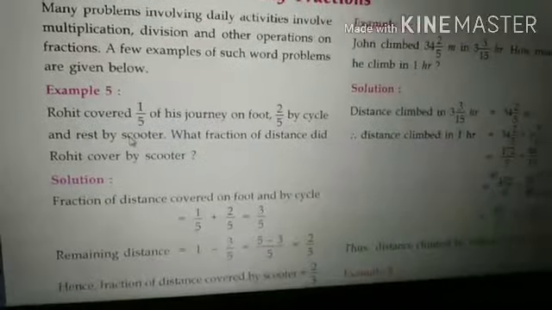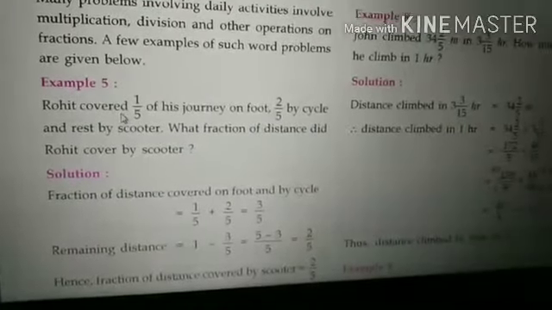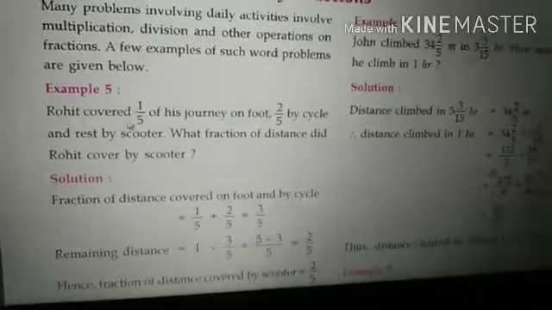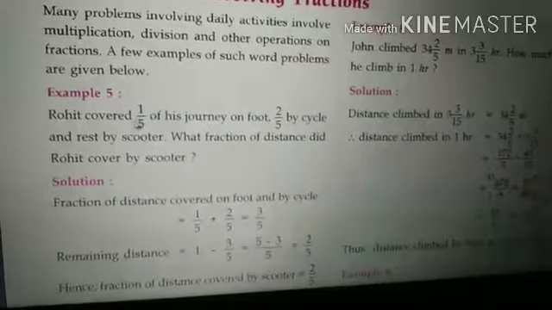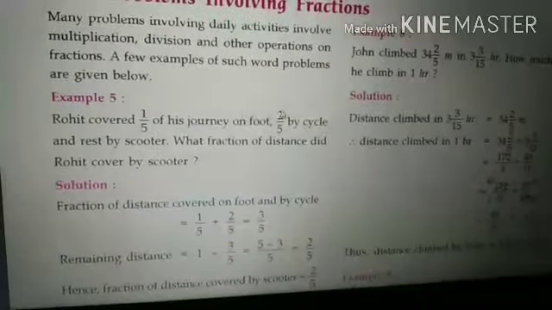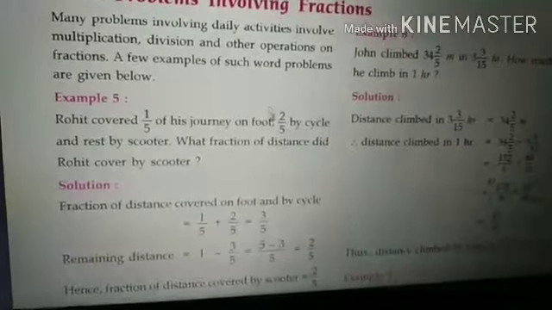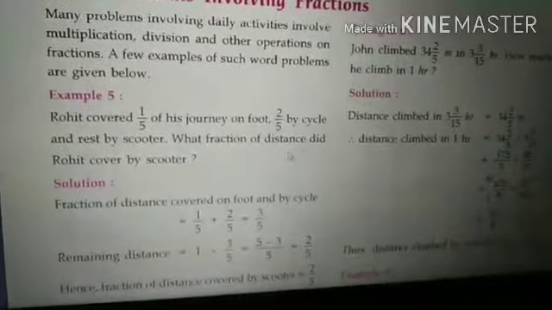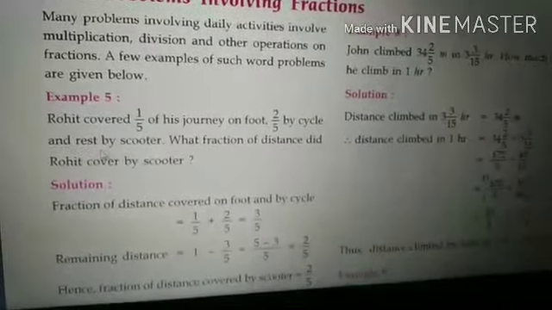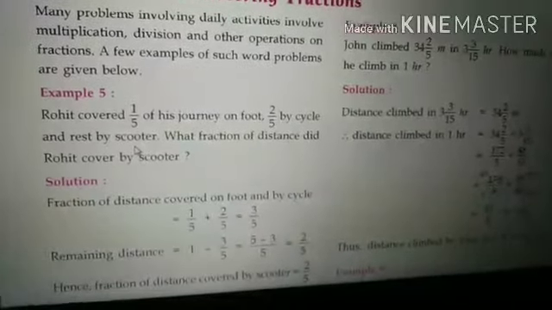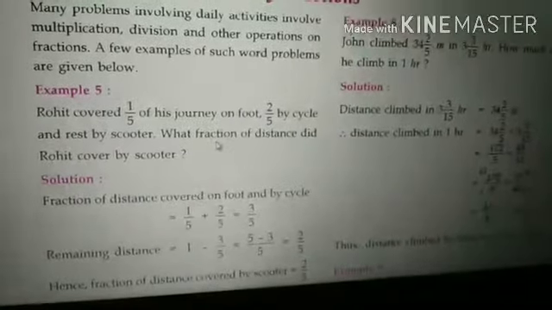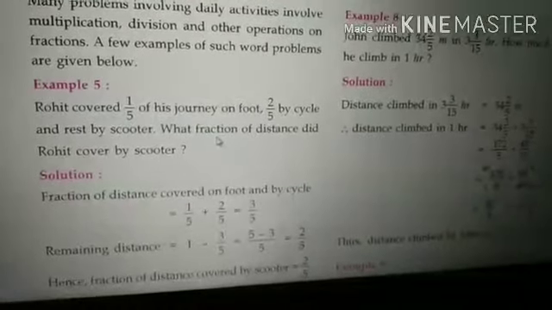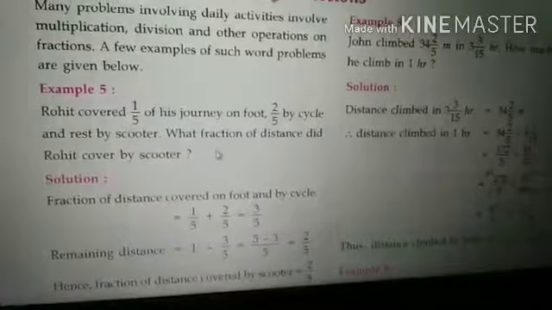Means Rohit covered 1/5 of the journey on foot and 2/5 of the journey by cycle, and the remaining journey by scooter. We have to find out what fraction of the distance Rohit covered by the scooter.